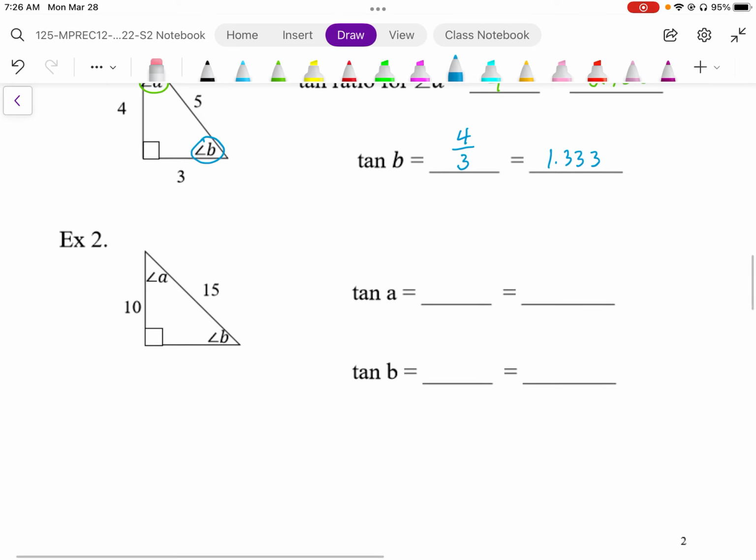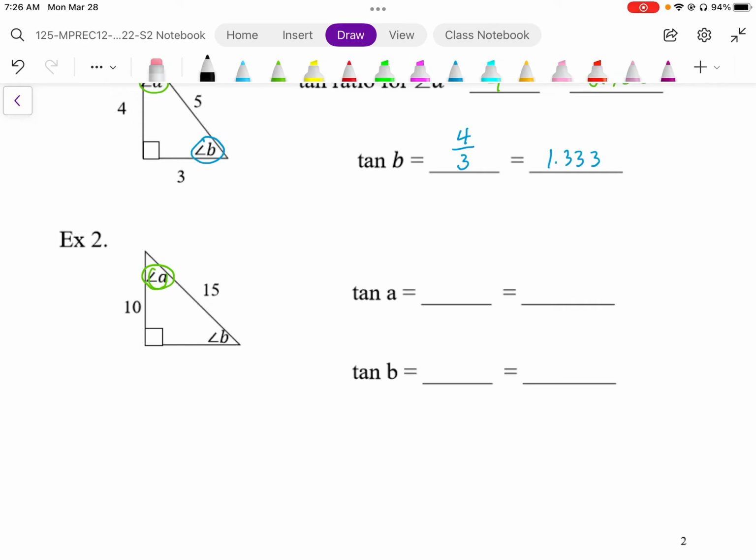So looking at example 2, angle A, we have to first of all identify the opposite side. Well, the opposite side is not given. So if we need an opposite side, if we have two sides of a right triangle, we can always work out the third side using Pythagoras.